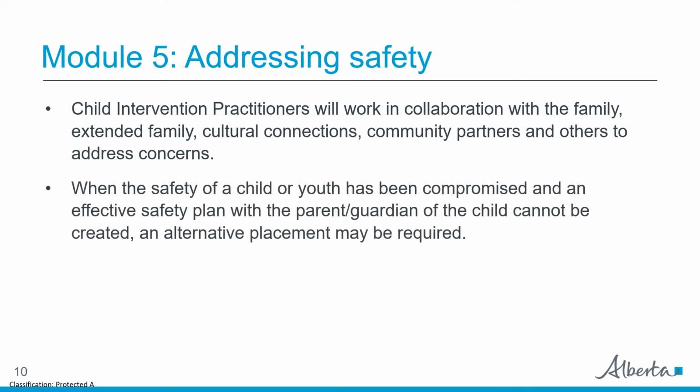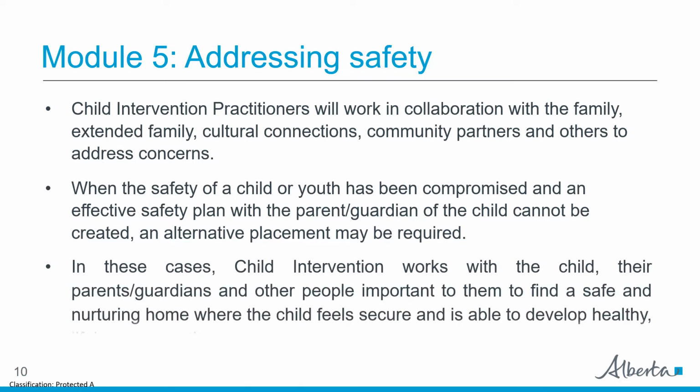When the safety of a child or youth has been compromised, and an effective safety plan with the parent or guardian of the child cannot be created, an alternative placement may be required. In these cases, child intervention works with the child, their parents and guardians, and other people important to them to find a safe and nurturing home where the child feels secure and is able to develop healthy, lifelong connections.